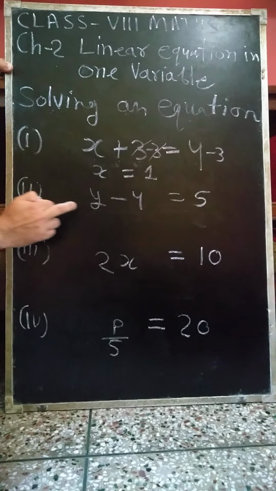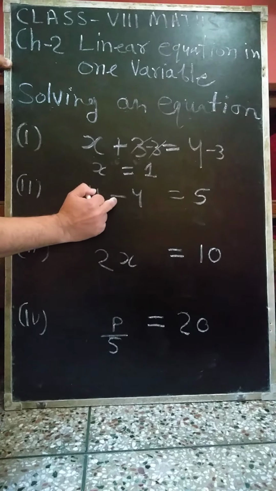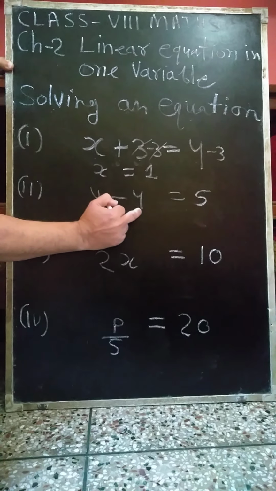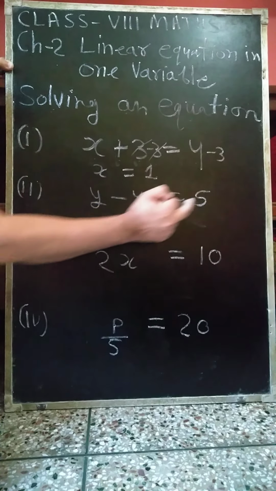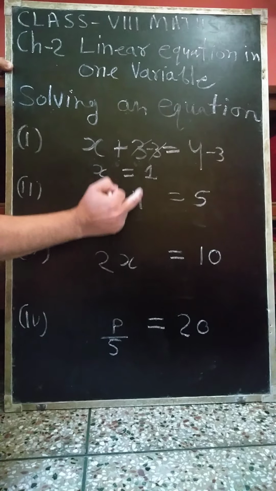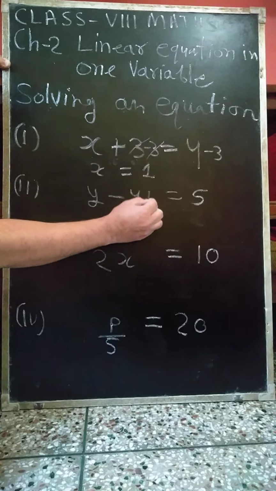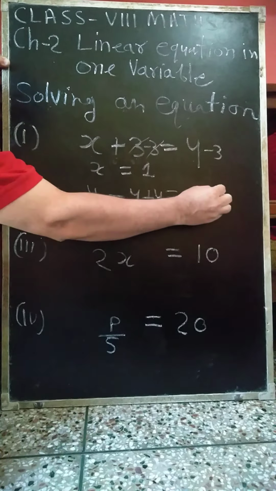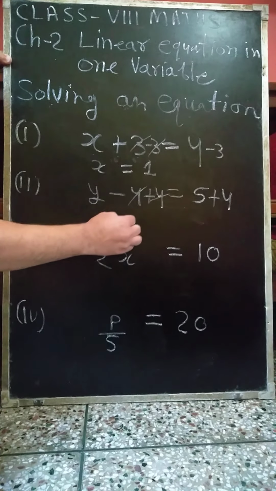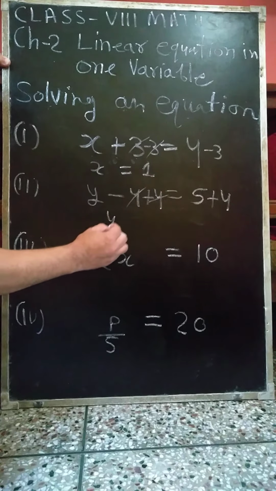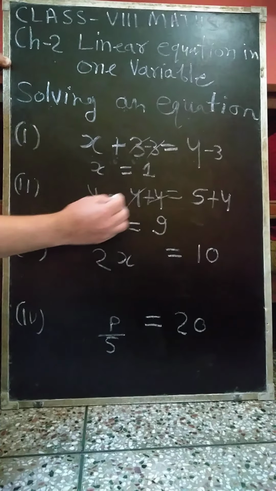Next situation is y minus 4 equal to 5. Here the number with the variable is minus 4, so you add the opposite, plus 4 on both sides. So y equal to 5 plus 4, 9.